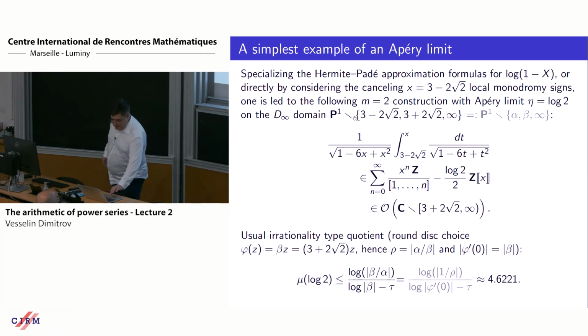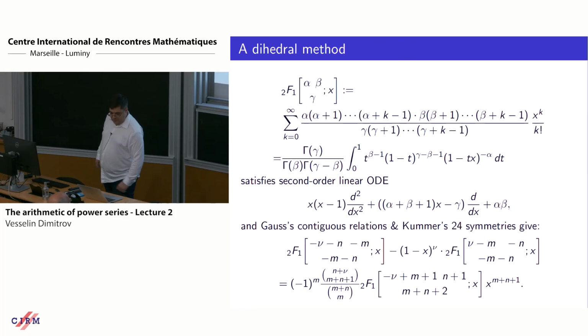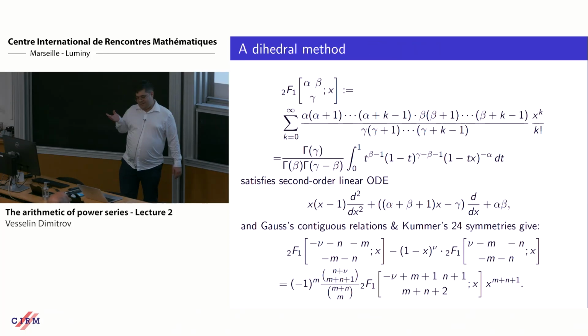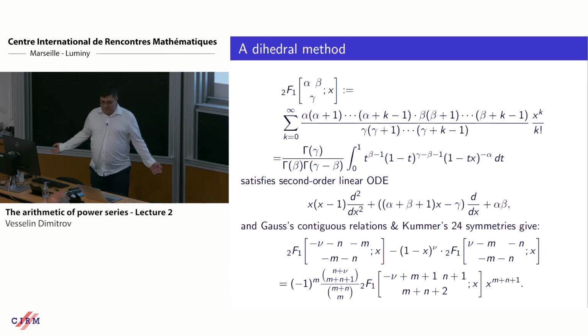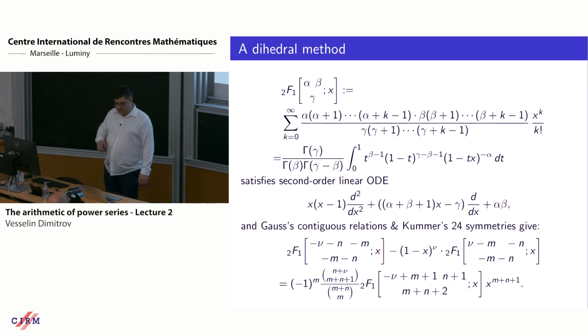So in this baby example, you have two functions, so this one has integer coefficients, then the integral of the function, but starting the integration from this smaller singularity that makes upper limit log 2, we have canceling monodromies of the product, so we have the overconvergence. That's the quickest way to prove this example and this irrationality measure, but they come more intrinsically and of course classically from the hypergeometric method, so from Hermite-Padé approximations to binomial functions.